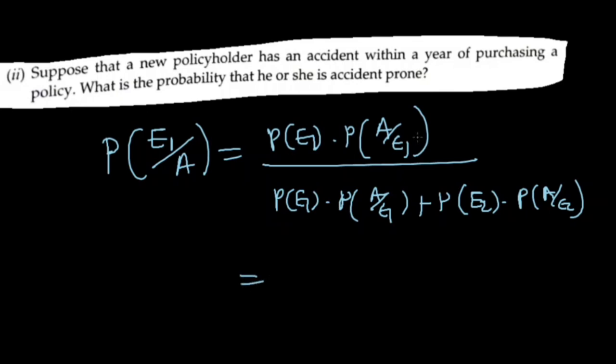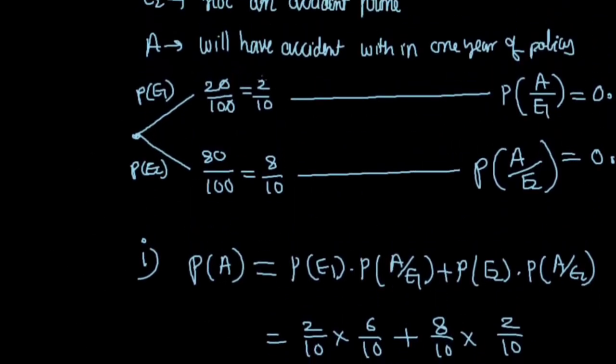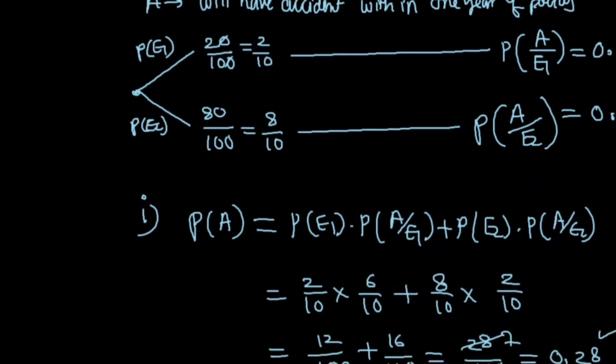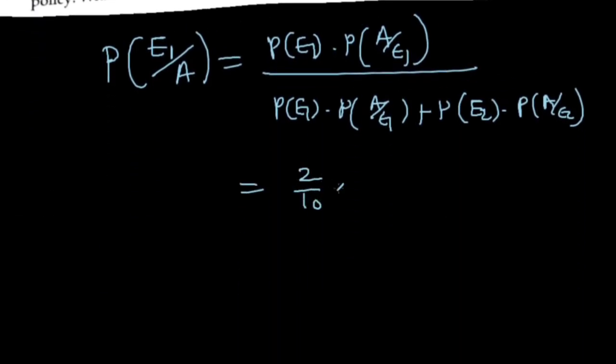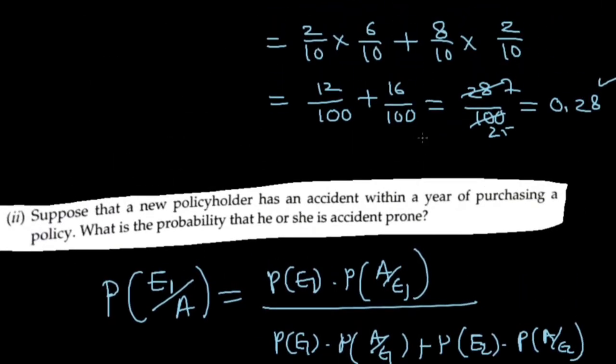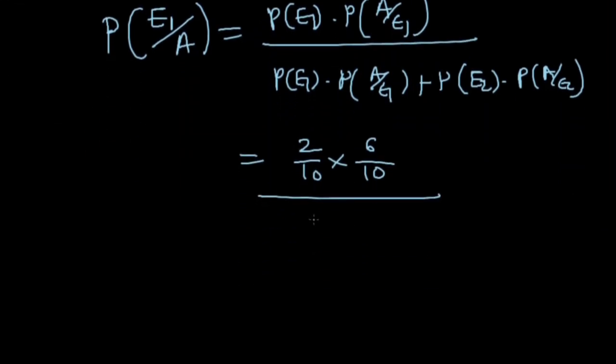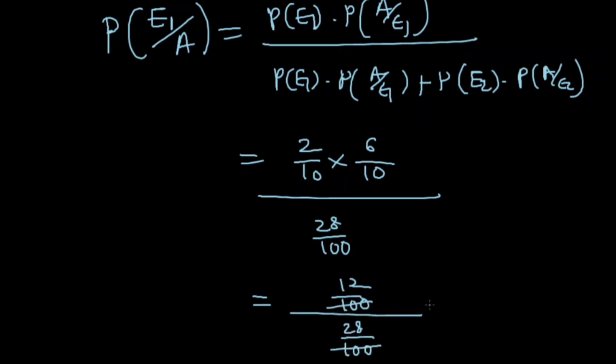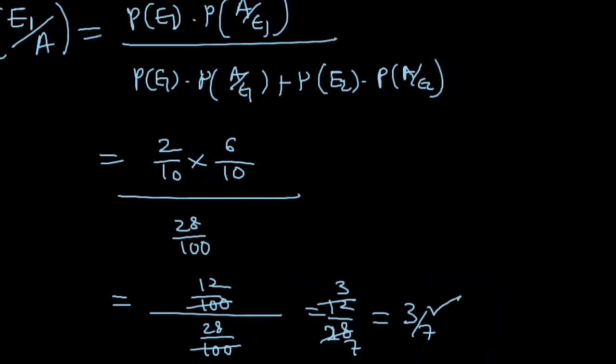P of E1 is 2 by 10 and P of A by E1 is 6 by 10, divided by the total probability we already calculated, 28 by 100. So 12 by 100 divided by 28 by 100, the 100s cancel, giving 12 by 28, which is 3 by 7. That is the solution for the given question.